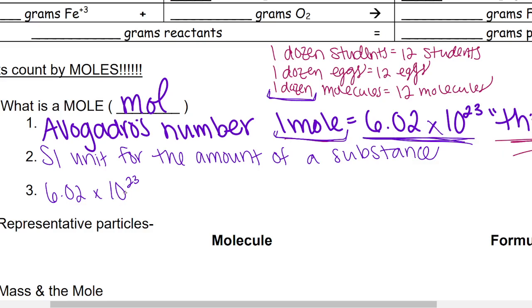Times 10 to the 23rd, since that is a positive exponent, that means you are multiplying this number, 6.02, times a really, really big number, or what you're doing is you're moving the decimal place 23 times to make this number bigger. And so when I teach scientific notation, I always teach you're moving the decimal to make the number bigger, or you're moving the number to make the decimal smaller.